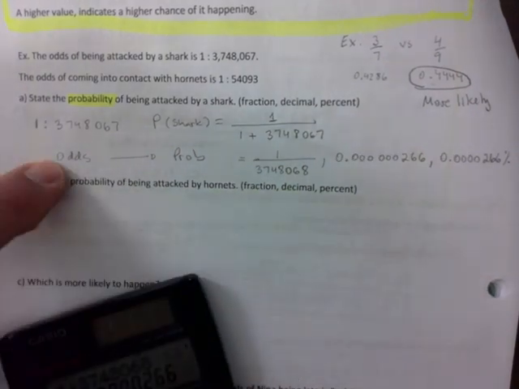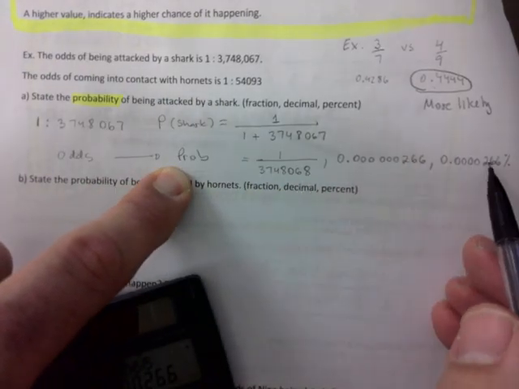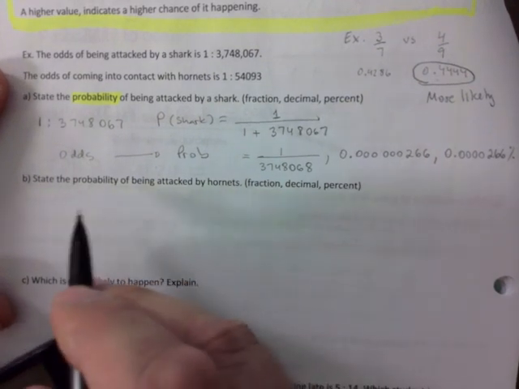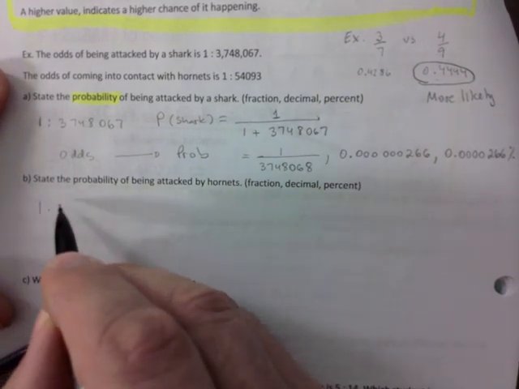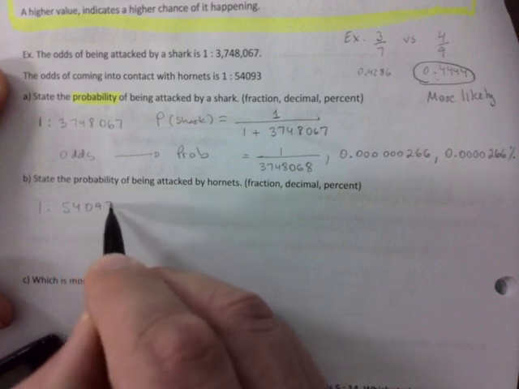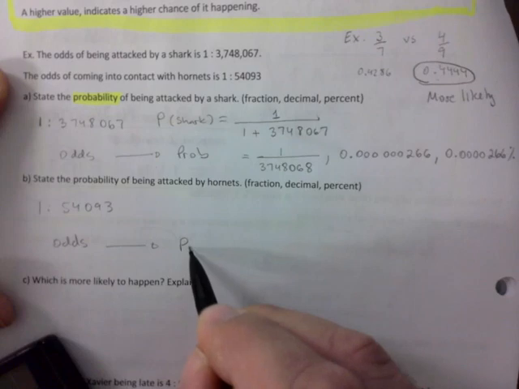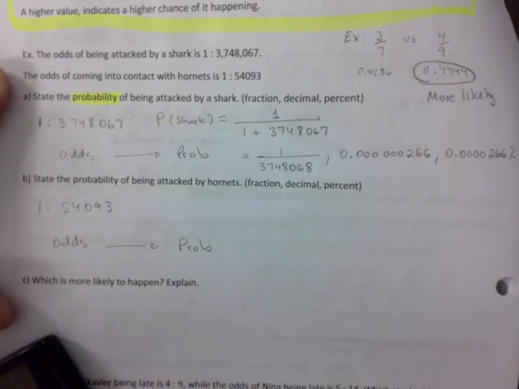So we went from odds to probability, and here we have it in 3 formats. Let's do it again for being attacked by hornets. We have our odds that are given, and I would tell you, hey, turn that into a probability.